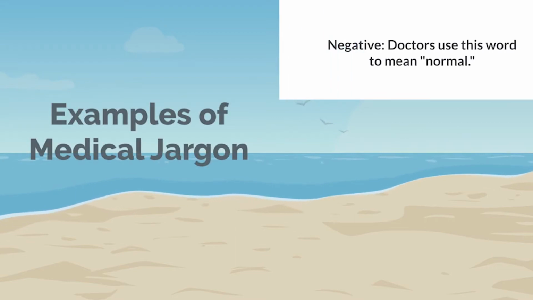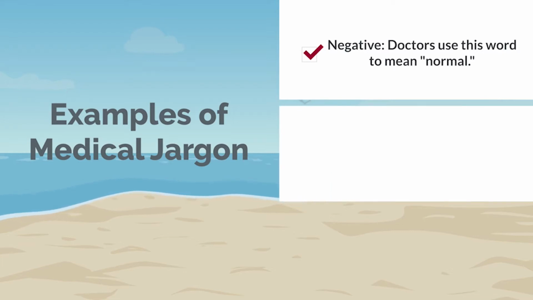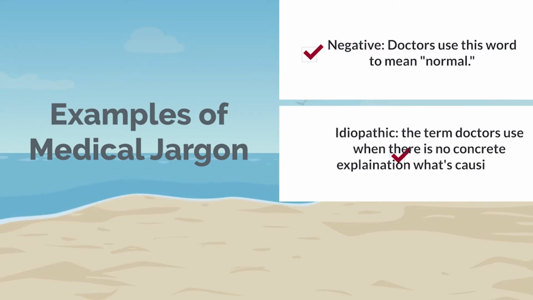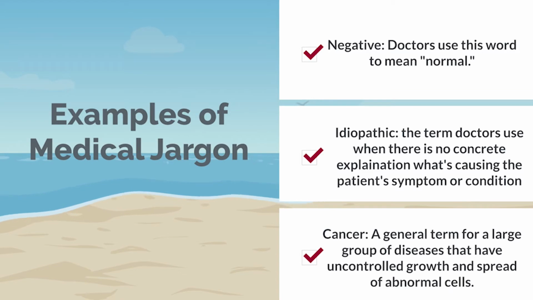For example, negative. Doctors use this word to mean normal. Idiopathic is a term doctors use where there is no concrete explanation of what's causing the patient's symptom or condition. Another example is the word cancer, which refers to a general term for a large group of diseases that have uncontrolled growth and the spread of abnormal cells.